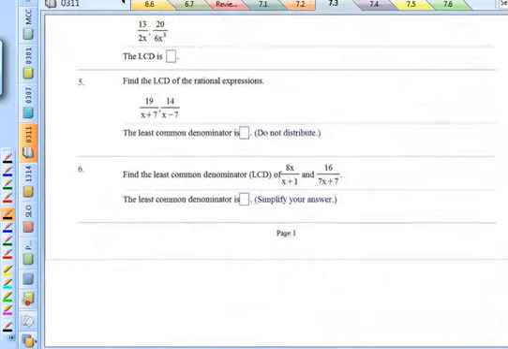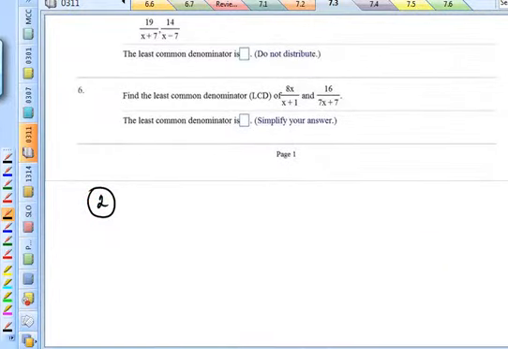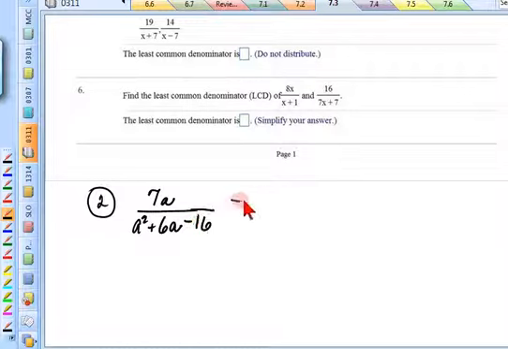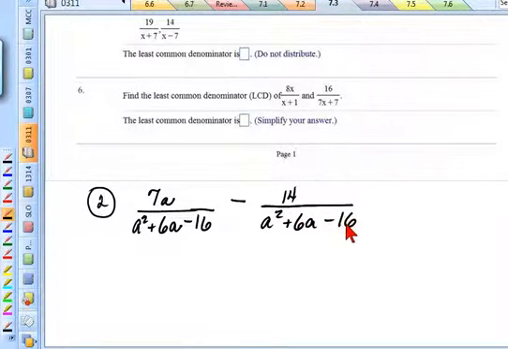Let's see. I'm going to come down here and do this problem because I'm just not really going to have enough room. All right, suppose I have 7a over a squared plus 6a minus 16 minus 14 over a squared plus 6a minus 16.